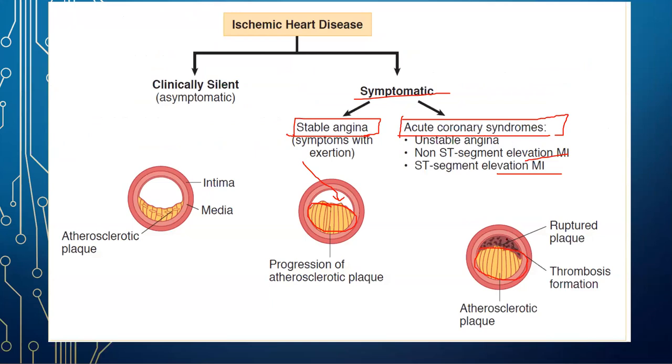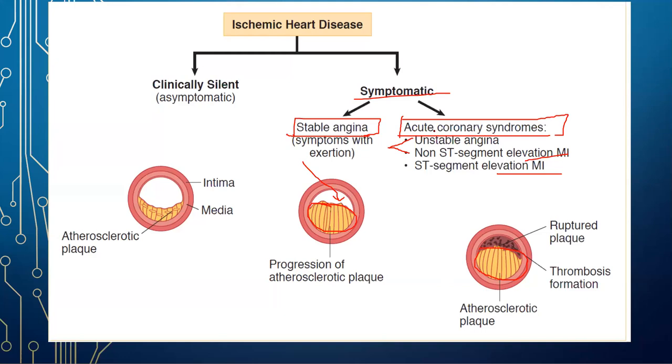In unstable angina, some part of the vessels will still be patent. But in non-ST elevated MI or ST elevated MI, there will be some occlusion in the total blood vessels. The difference between unstable angina and non-ST elevated MI can only be diagnosed by doing the troponin.